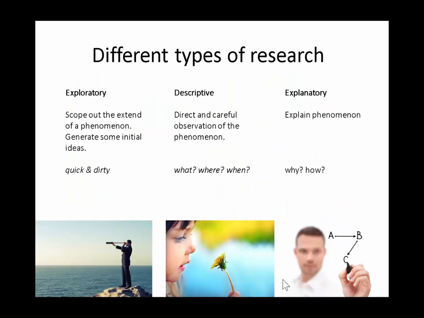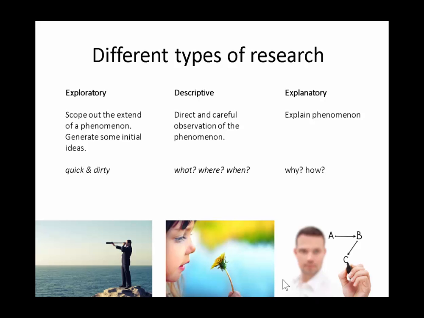So just so that you have heard these things before, there are different types of research. Research can be exploratory. That means I scope out a particular phenomenon, or I generate some initial ideas. It can be descriptive. So I'm jumping more into describing something: what, when, where.